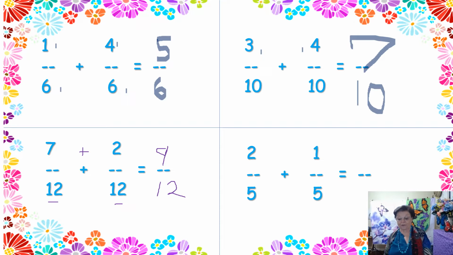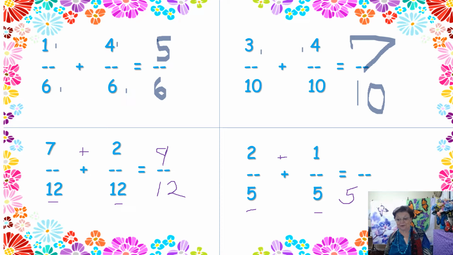Okay, one more. We have a 5 for this denominator and a 5 for that denominator. Are they alike? They are like fractions, so we know the denominator in our answer is going to be a 5. Now all we have to do is add the numerators. 2 plus 1.